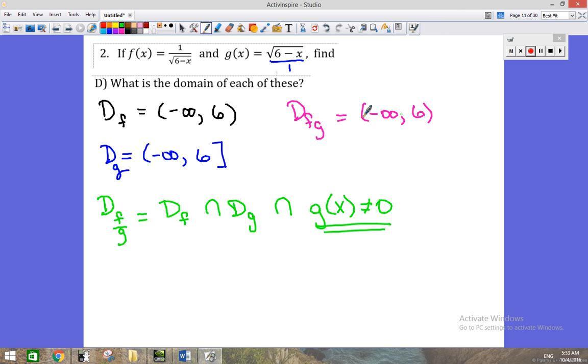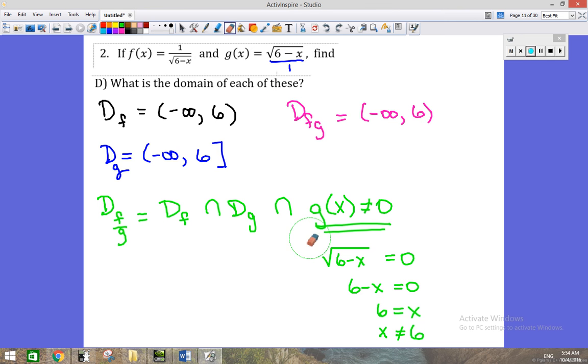All real numbers that are strictly less than 6. G of x, let's set it equal to 0. Square both sides. Add x to both sides. So hey, x equals 6 will make G of x equal to 0, because the square root of 6 minus 6 is 0. We don't want that to happen, but the intersection of f and G is already excluding 6.